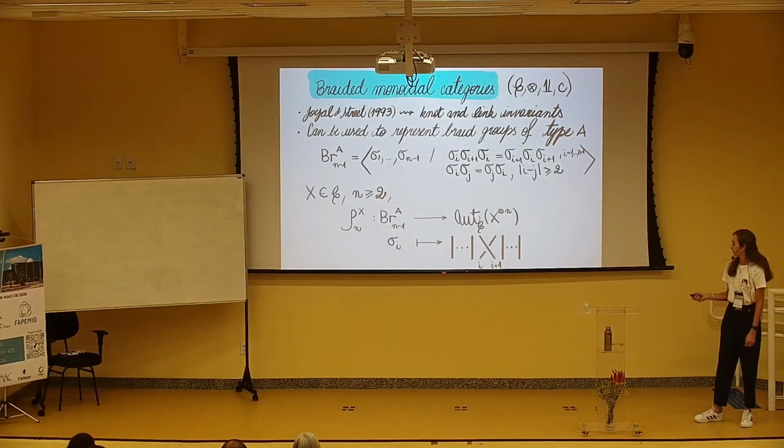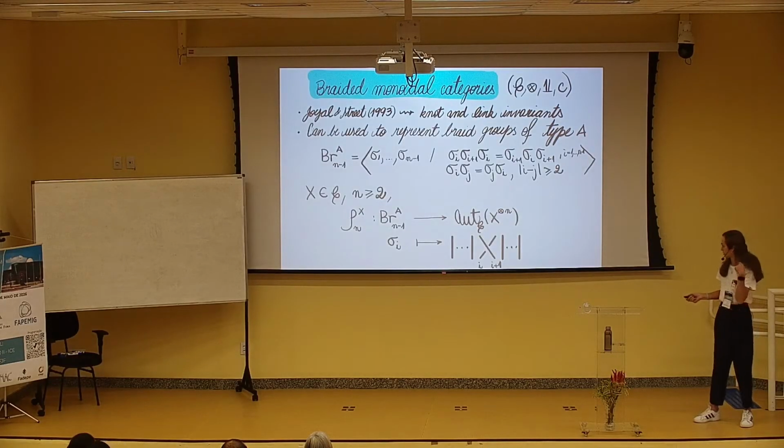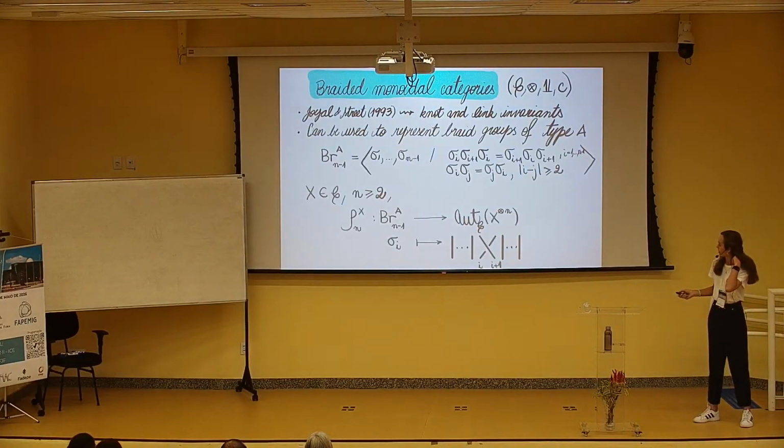Then you can do this representation of the braid group into the automorphisms of n copies of X, and send the generator sigma_i to this: the identity on the first X, etc., tensor, etc., the identity on this place, and then c_{X,X}, and then the identity again, tensor the identity. Okay, so you can prove this is a representation, a morphism of groups. So braided monoidal categories are very nice.